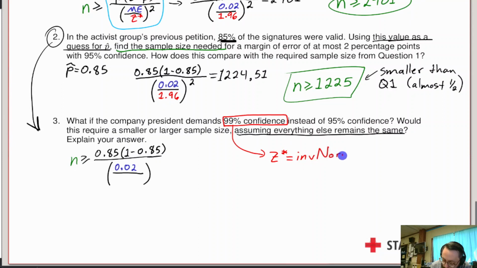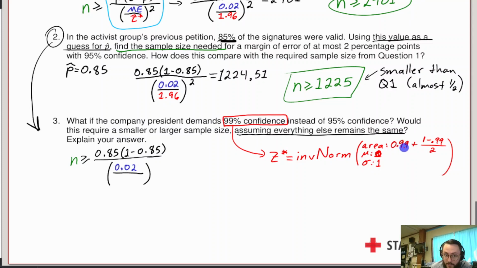We're going to use inverse norm to find it. Area, mean is 0, standard deviation is 1. The area is 0.99 plus 1 minus 0.99 divided by 2. Half of what is left over, we add back, and we get our z star.